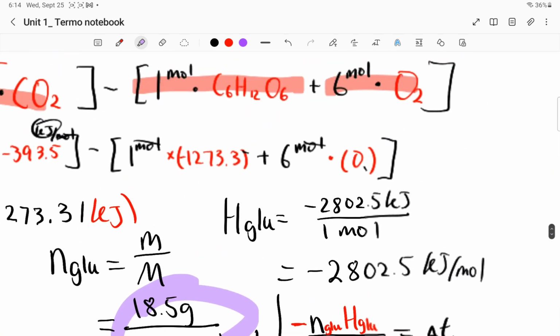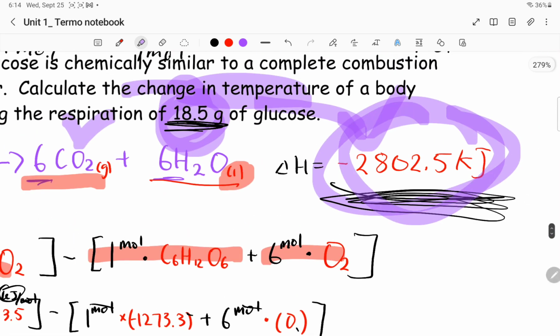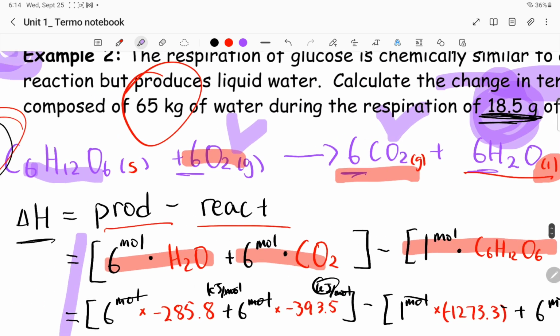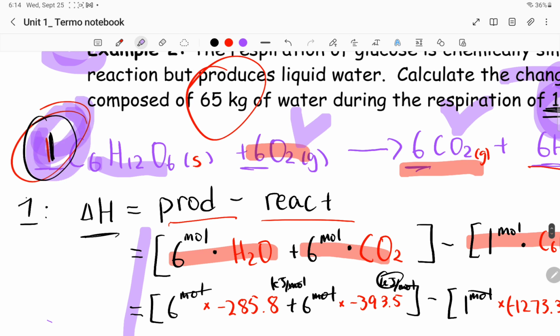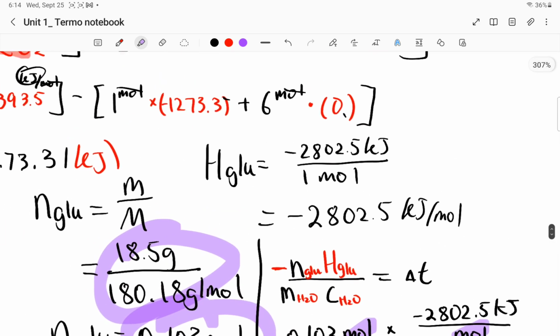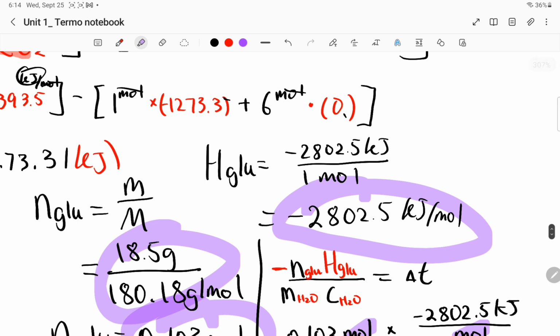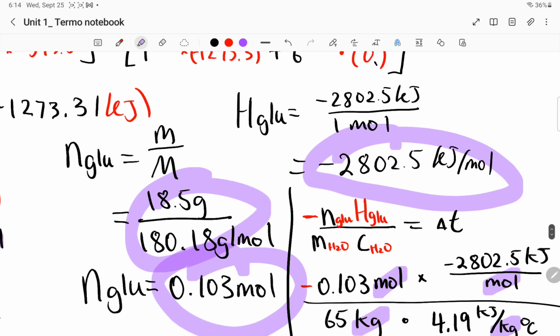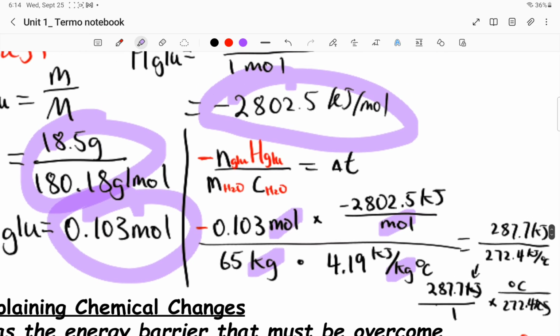Again, we had to use our delta H here and divide by however many moles there are present in the balanced equation, which was 1. So our number ended up being the same, which is fine. So we got negative 2802.5 kilojoules per mole.